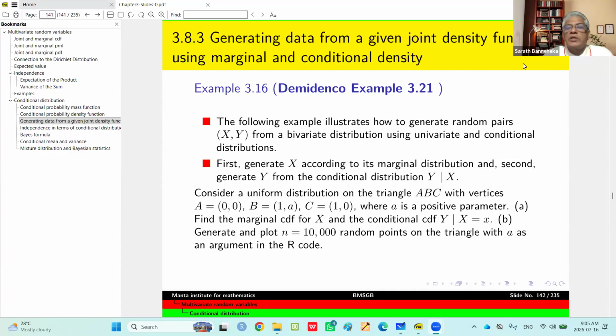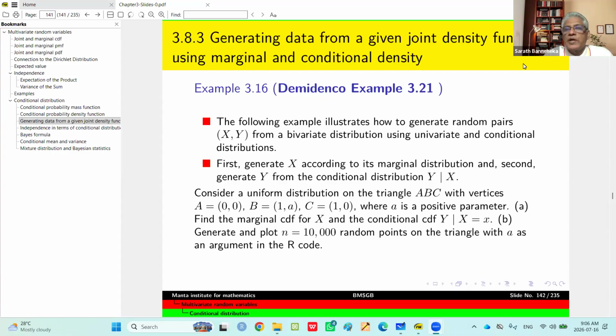So today, to continue from there, I will look at another example of generating data from a multivariate distribution. In this case, I'm considering again a bivariate distribution. And then we will go on to new topics. I will look at another way to define the independence of two random variables.